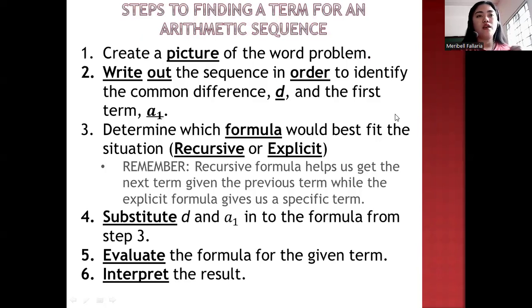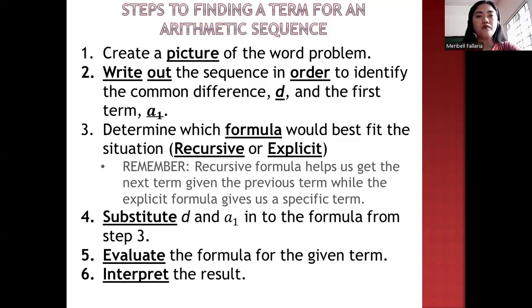Steps in solving a word problem involving an arithmetic sequence. Number 1: create a picture of the word problem. Number 2: write out a sequence in order to identify the common difference and the first term, where b represents the common difference. Number 3: determine which formula would best fit the situation.